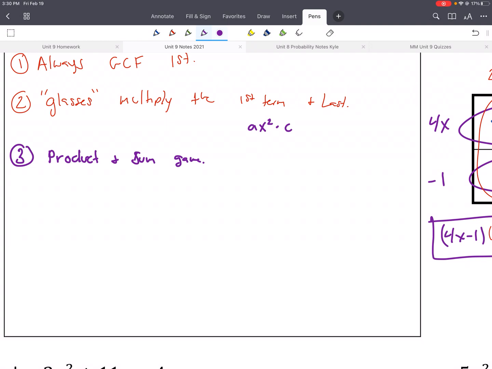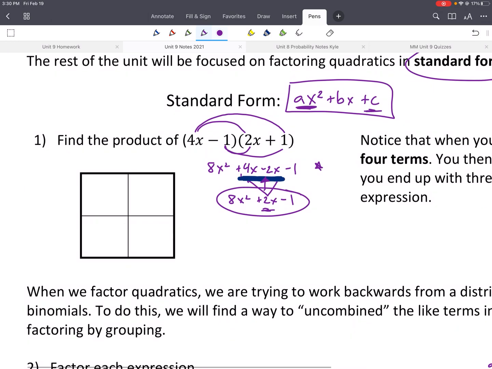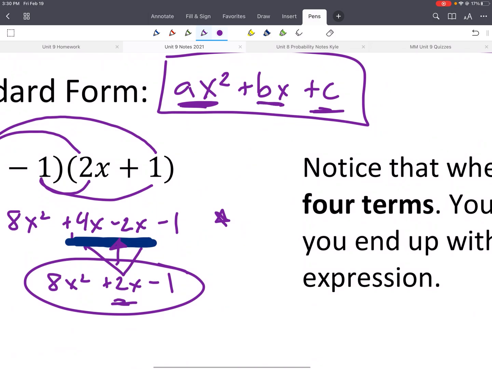Two things that multiply to give us that, and add to bx, the middle term. So again, if we write down that standard form that we have here, our middle term is bx.